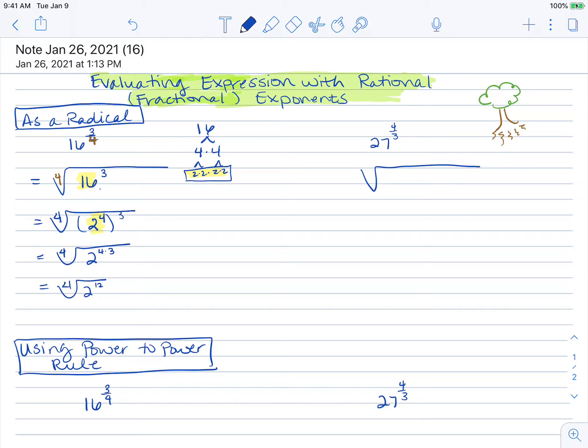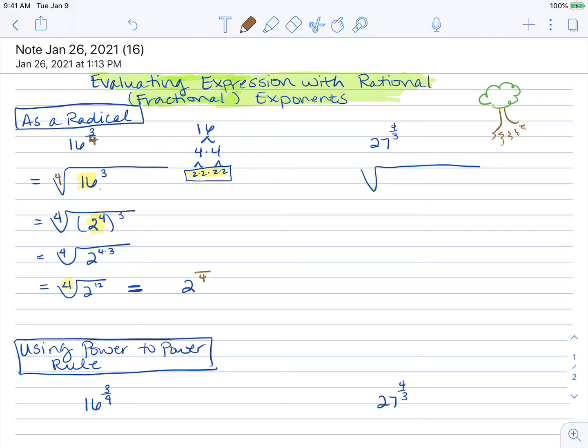Okay, so if I'm looking at it in terms of a radical, this is a way I can look at it. And I'm going to rewrite that into a power. And I can say, well, that's the same as saying I've got 2. And then I'm going to take my root, I'm going to write it in the denominator, and that's going to be 4 in the denominator.